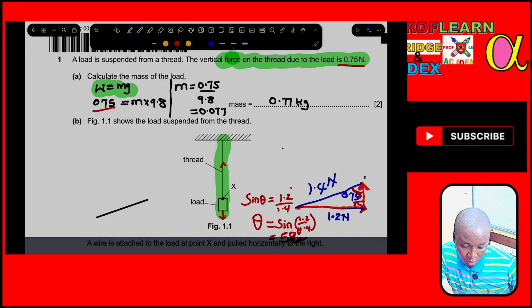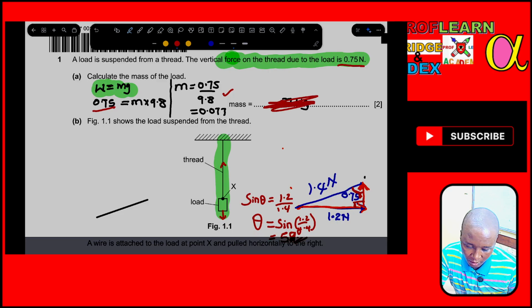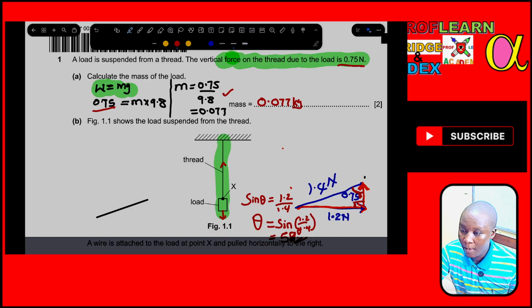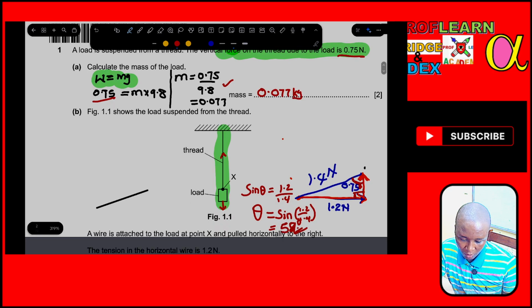If you work out the mass, you're going to get your final answer being 0.077 kilograms as the mass of this particular object.